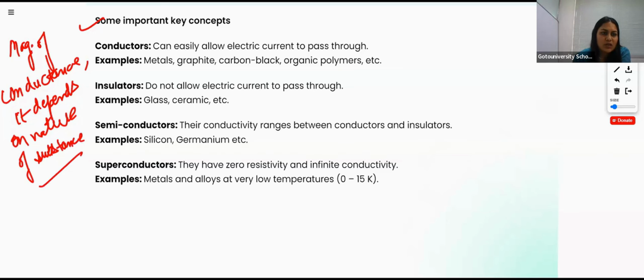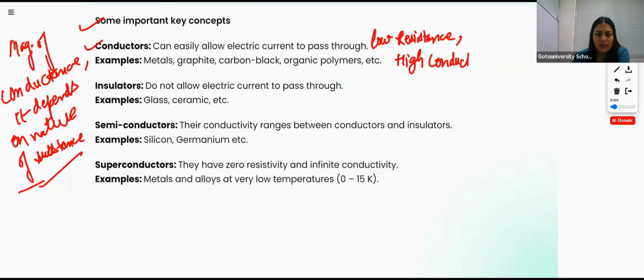Okay, so based on the magnitude of their conductance, we have categorized these substances into 4 types. First, conductors, in which the substances face low resistance and show high conductance.